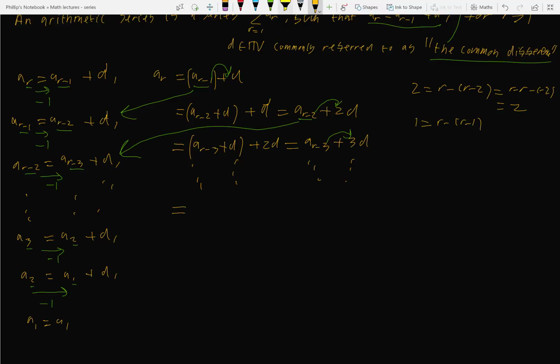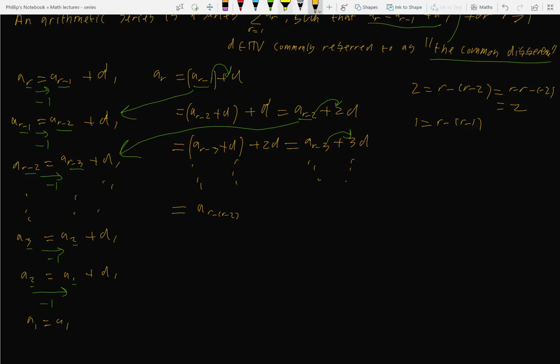The reason I'm saying that is because when we're substituting in a_2, we're going to be doing a_(r-(r-2)), which is going to be a_2, but we're putting it in this term format for now for a reason.